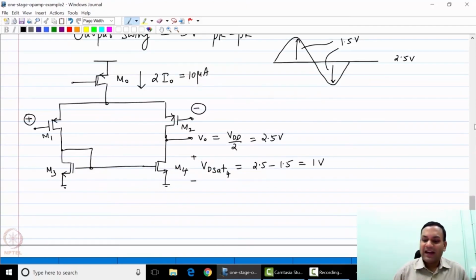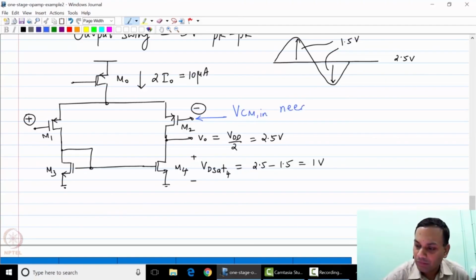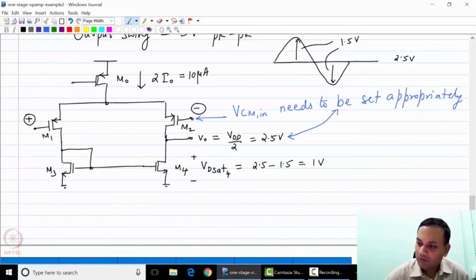Finally, we have to ensure, for this to be correct, that if V0 needs to be biased at 2.5, VCM in needs to be biased appropriately, so that the output can be set to 2.5 volts.